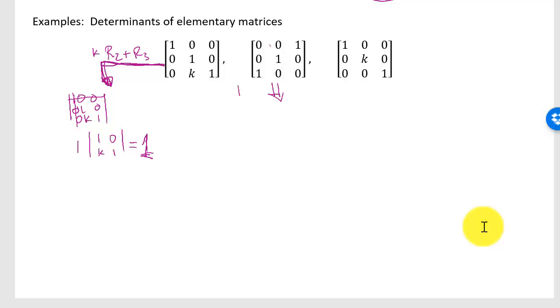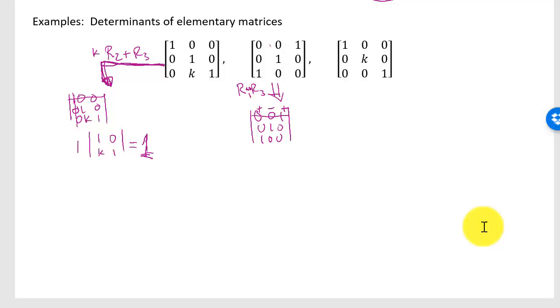Now let's take a look at what happens if we switch a row. So here we switched row 1 and row 3. And so what happens when we switch row 1 and row 3? Let's expand through the first row. So 0, 0, 1, 0, 1, 0, 1, 0, 0. Expanding on the first row, we're going to get 0 minus 0 plus 0.